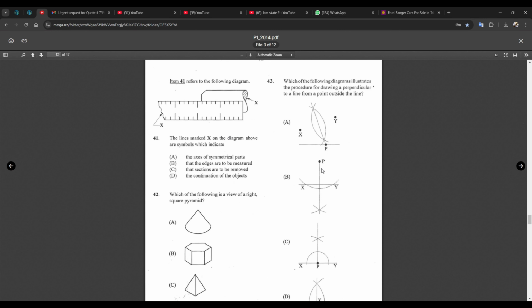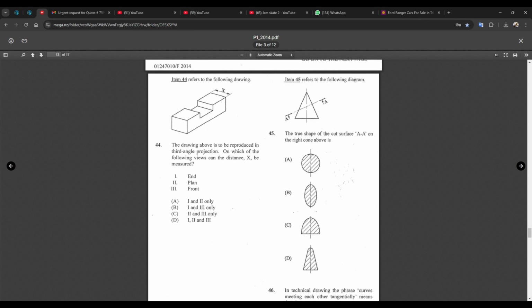It's definitely B, so the point is P. They use P as center of this arc. They drew the arc to cut the horizontal line at X and Y, and then they used those as centers to bisect and get a nice vertical line that is perpendicular to XY.